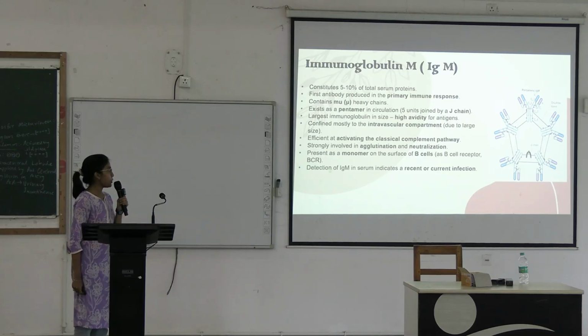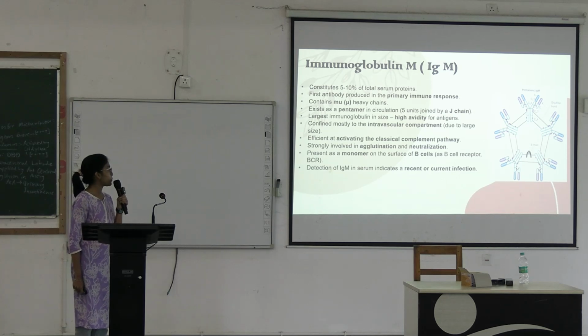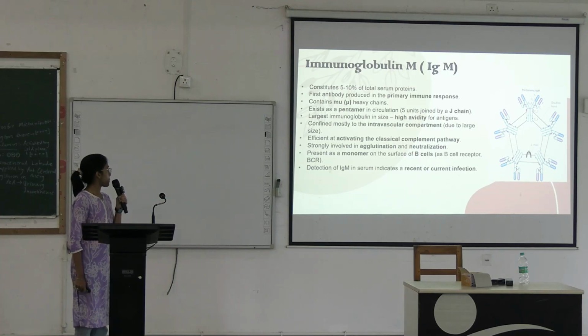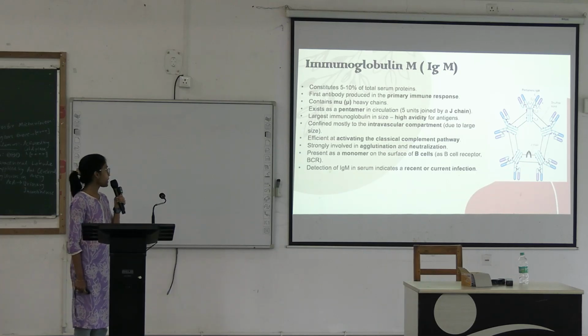Next is immunoglobulin M, that is IgM. It constitutes 5 to 10% of total serum proteins. It gets its name from mu heavy chains. First antibody produced in the primary immune response. It is the largest immunoglobulin as it exists as a pentamer, five units joined by a J chain.